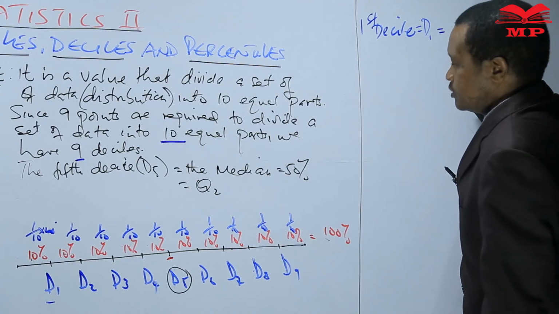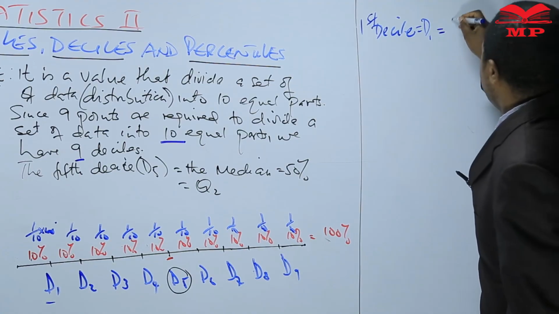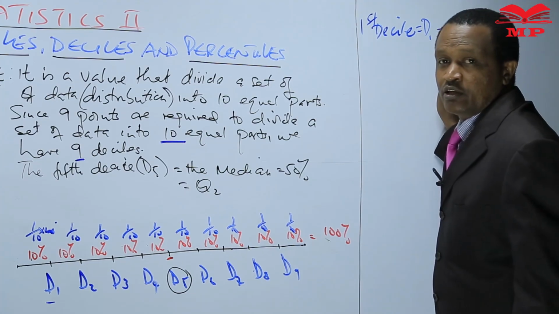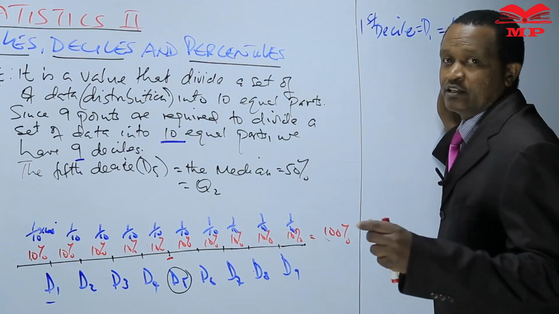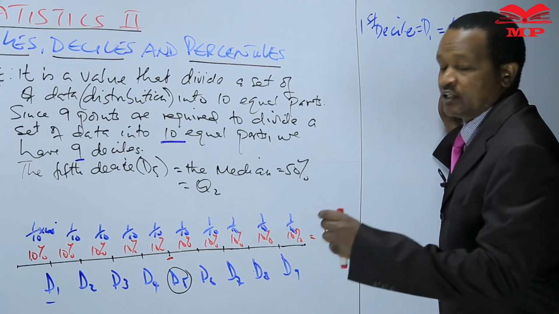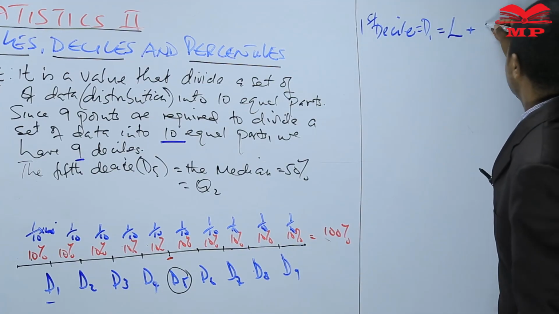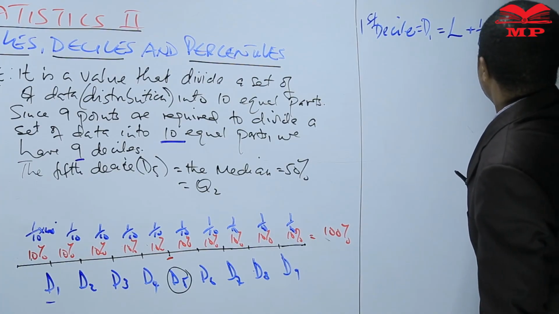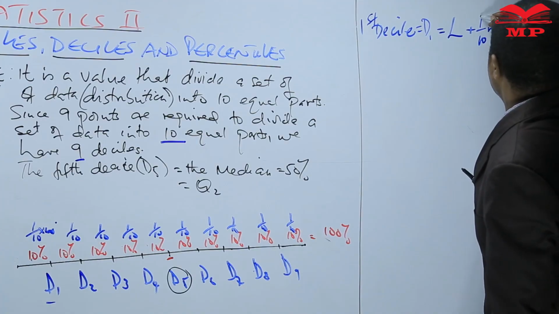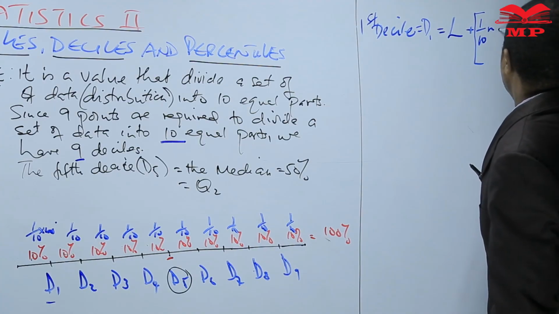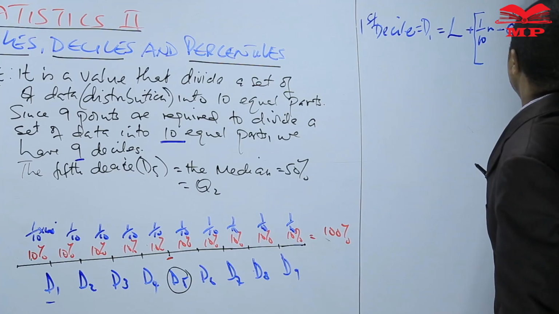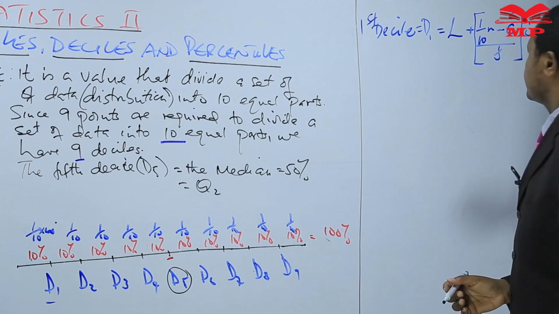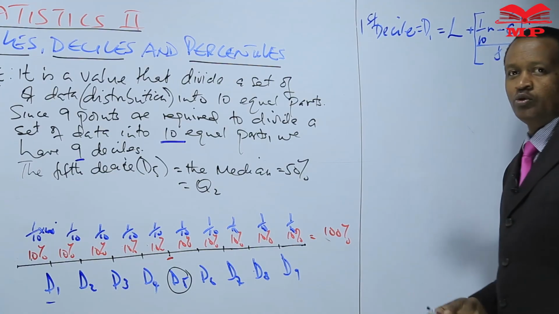The formula is equal to L, the lower class boundary of the first decile class, plus 1 over 10 n minus c, over f, times i.